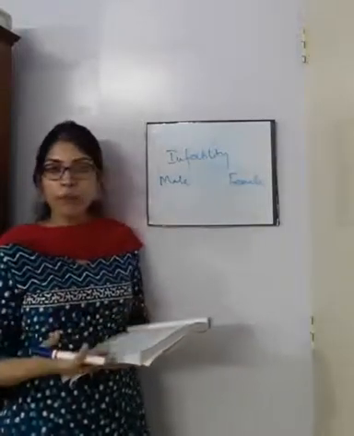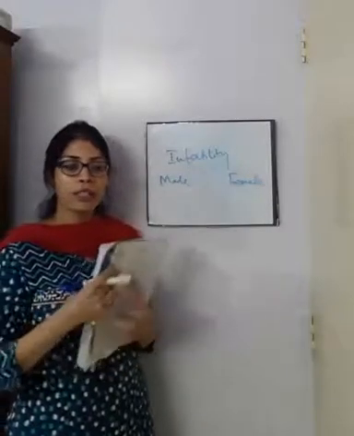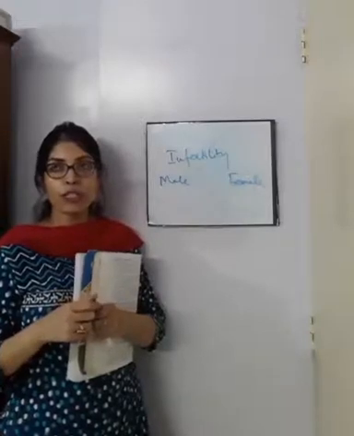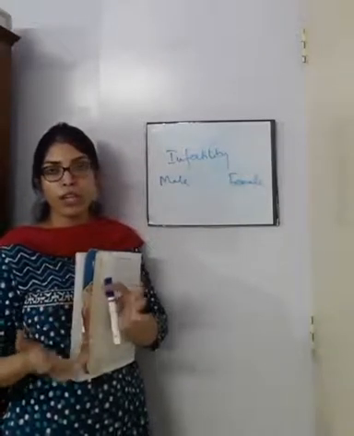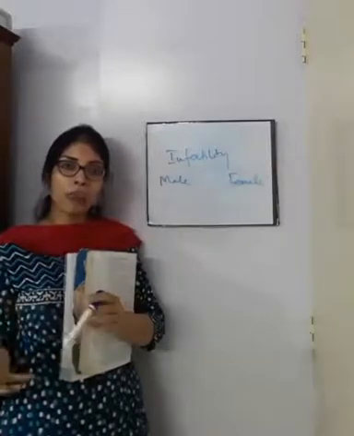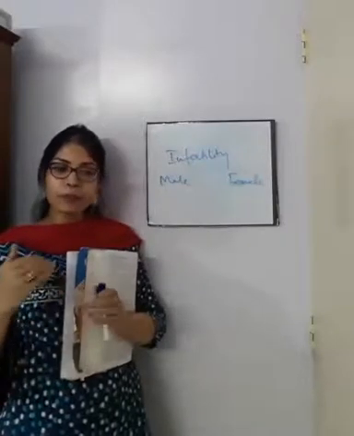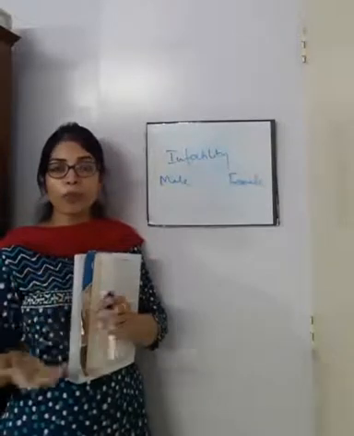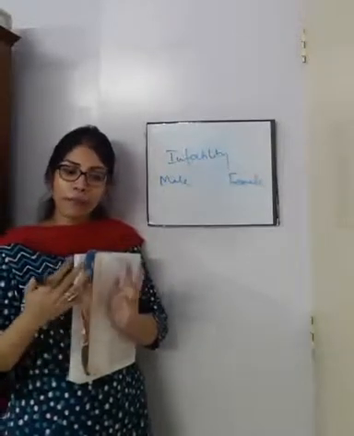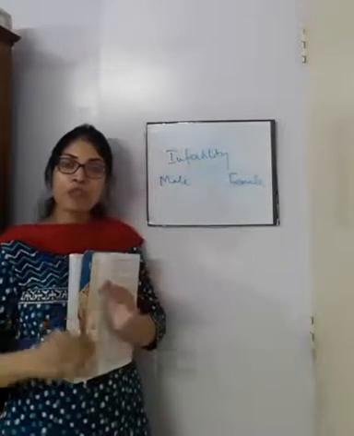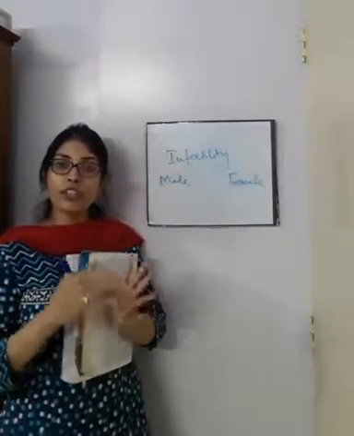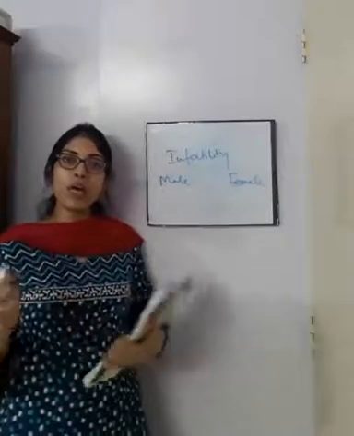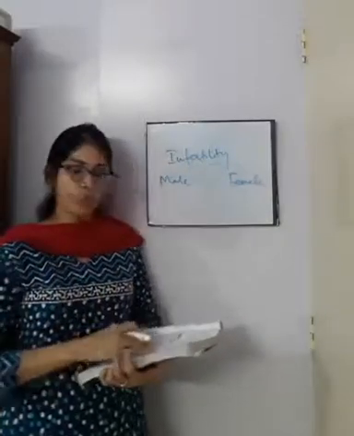Next one is surrogate mother, means where a female, if her womb or uterus is not sufficient enough to hold a baby for 9 long months, in that case help is taken from another woman who will help the original mother to grow the baby in her womb, and that process is known as surrogate mother.